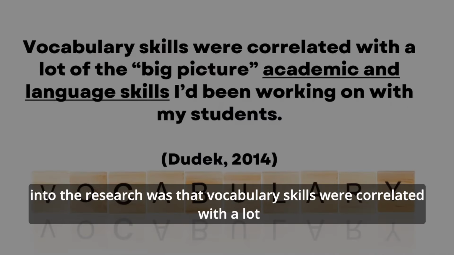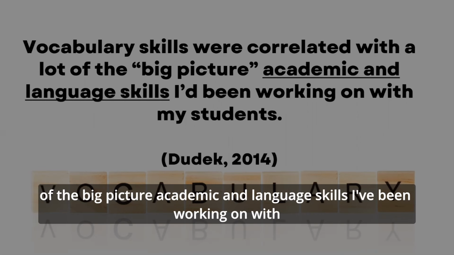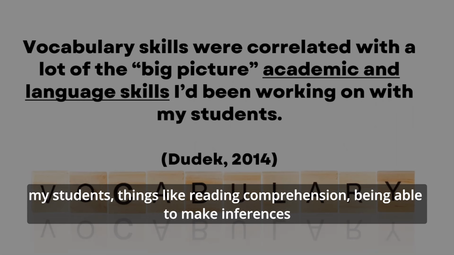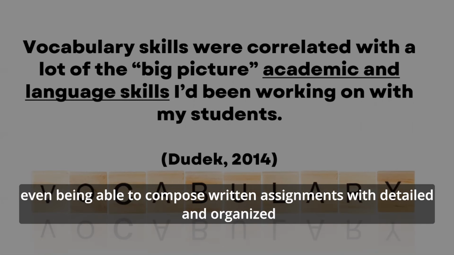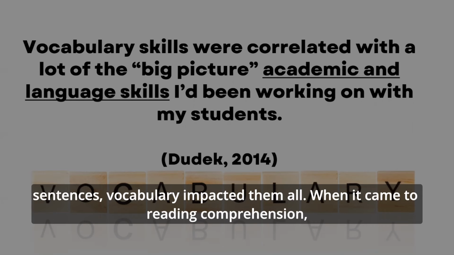What I found when I dug into the research was that vocabulary skills were correlated with a lot of the big picture academic and language skills I'd been working on with my students. Things like reading comprehension, being able to make inferences, or being able to retell information they'd read. Even being able to compose written assignments with detailed and organized sentences.